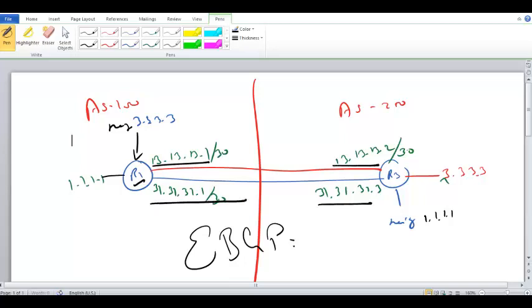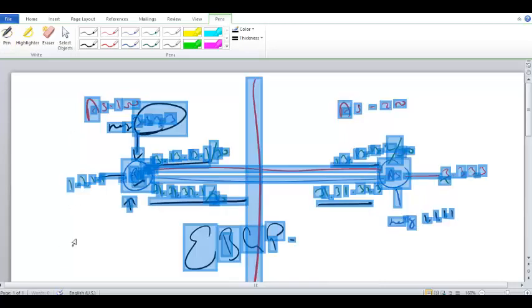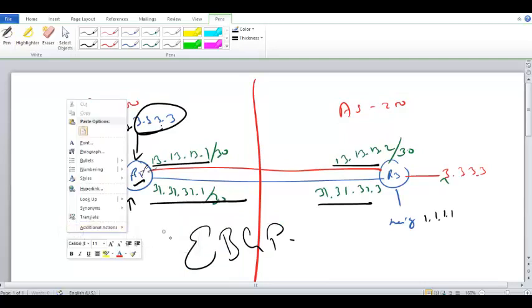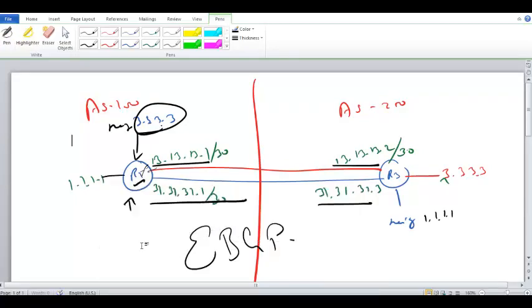For router 1, is 3.3.3.3 directly connected? Not at all. Same way, in router 3, is 1.1.1.1 directly connected? So something needs to be done to solve this problem.